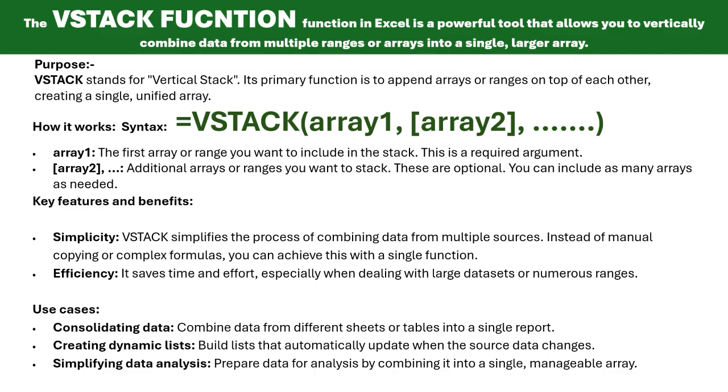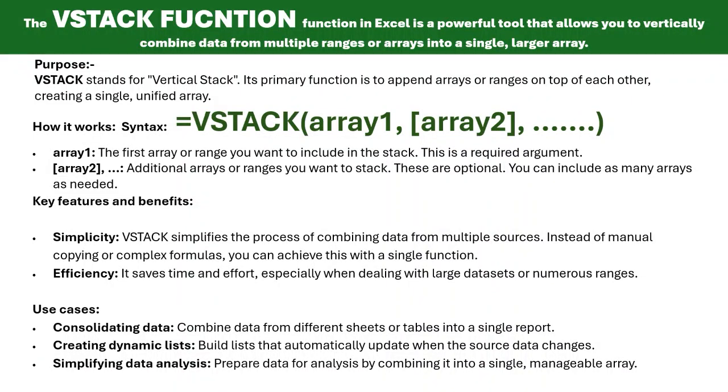The uses of this: consolidating data, combining data from different sheets or tables into a single report. Creating a dynamic list, building a list that automatically updates when the source data changes. Simplifying data analysis, preparing data for analysis by combining it into a single manageable array or range.